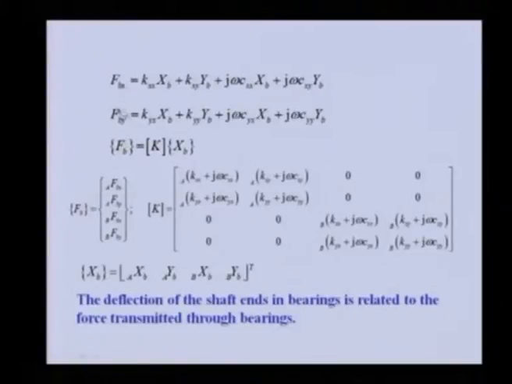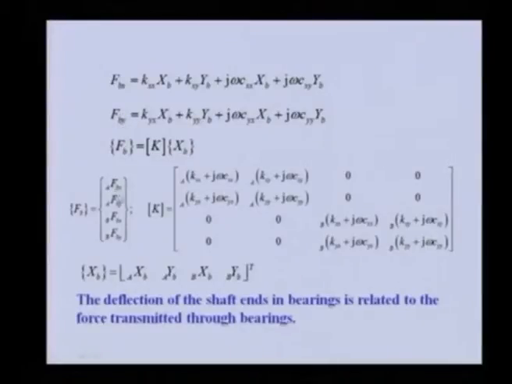Now these two equations we are writing not only for one bearing, but identical to this we can write for another bearing, that is bearing B. So we will basically have 4 bearing equations. At one bearing we will have force in the x direction and y direction, similarly for the other bearing.